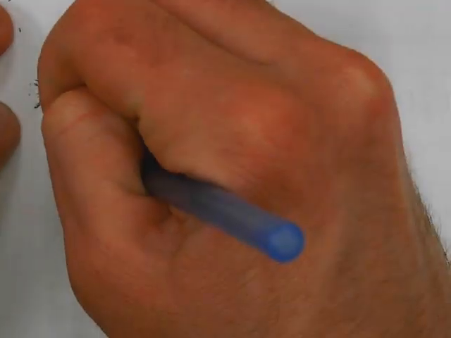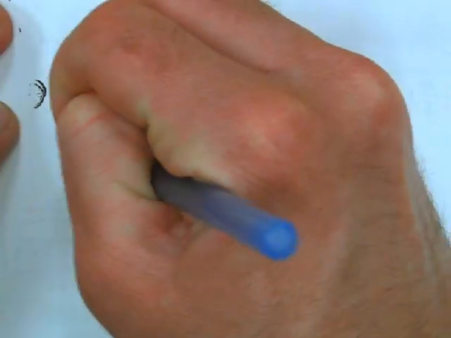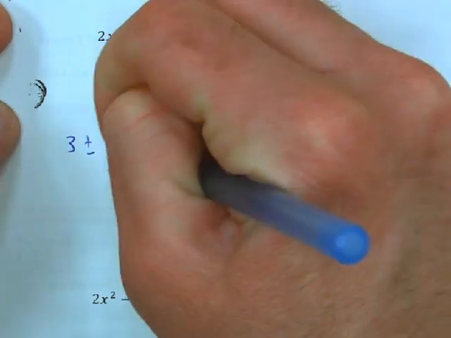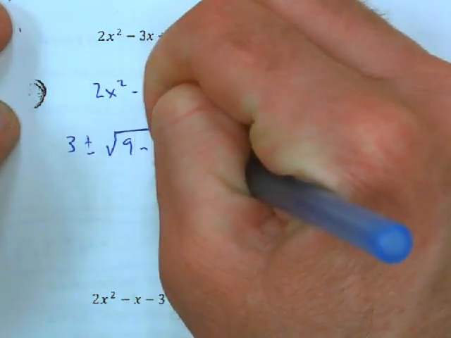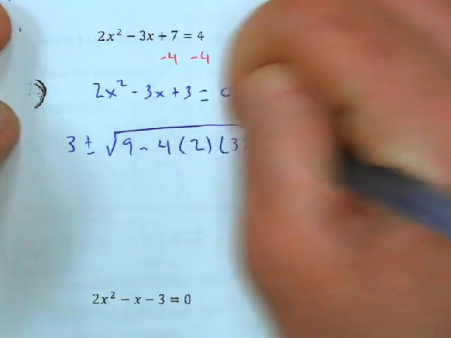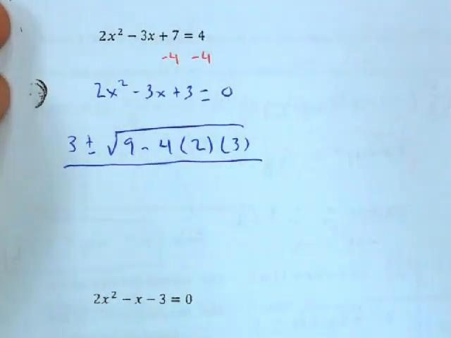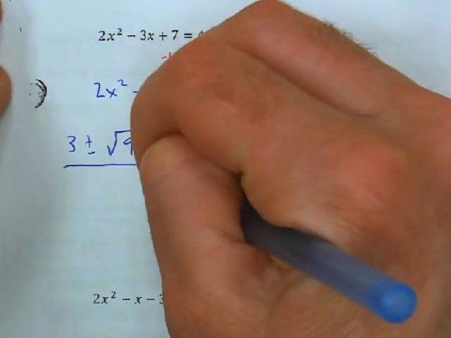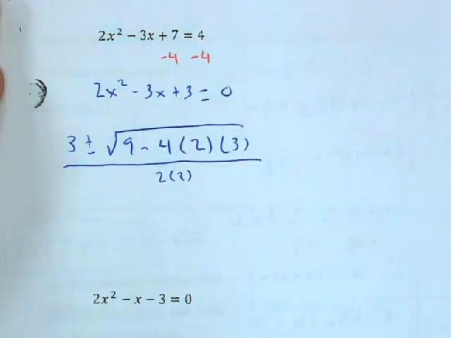So then we get negative b, which is positive 3, plus or minus the square root of b squared, which is going to be 9, minus 4 times a times c, over 2 times a, which is 2 times 2. Okay?